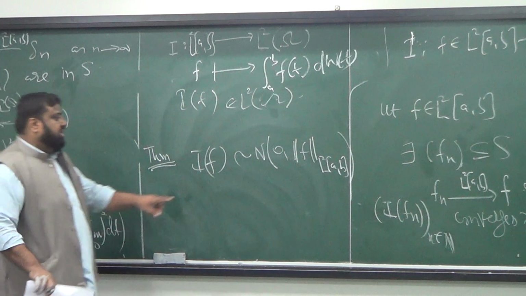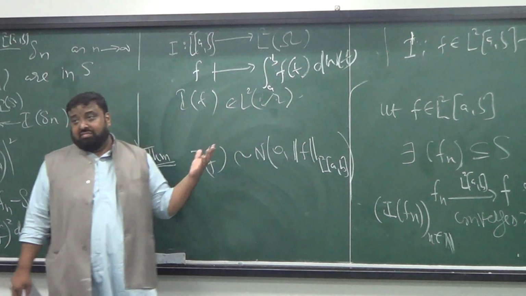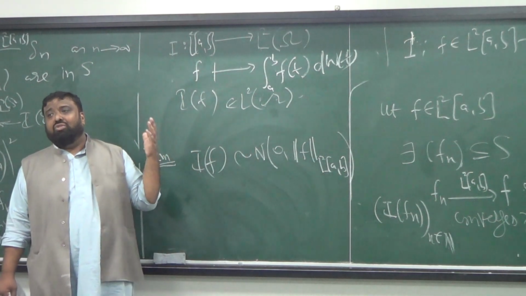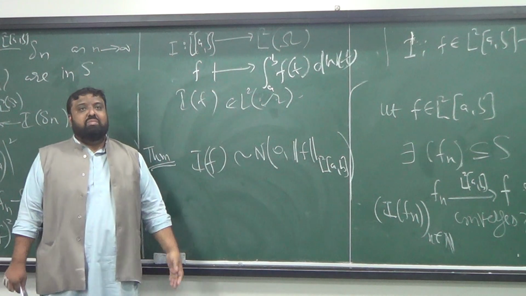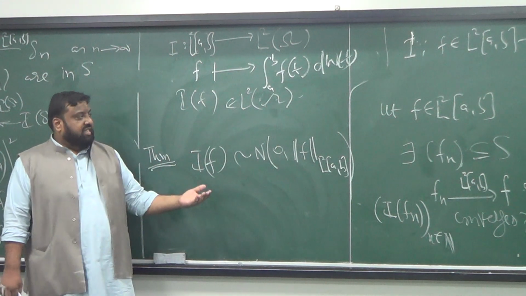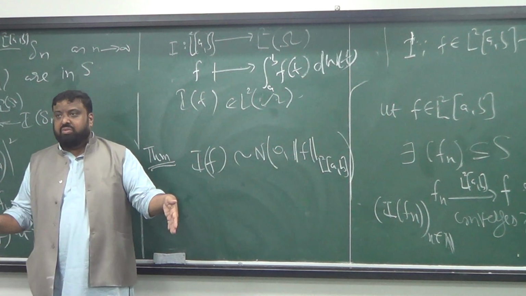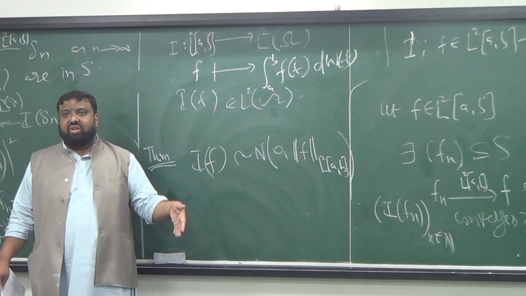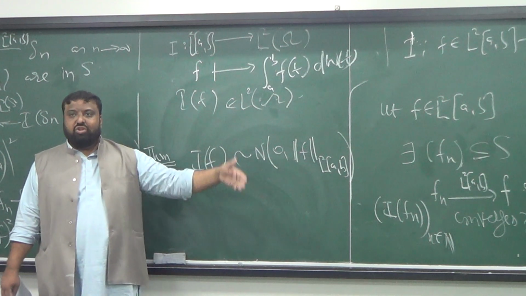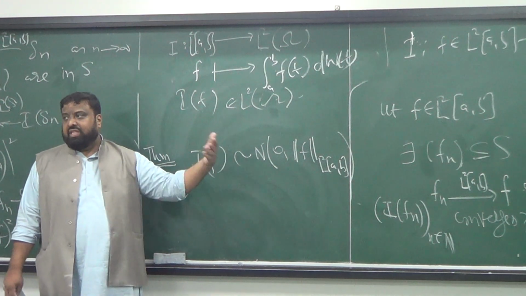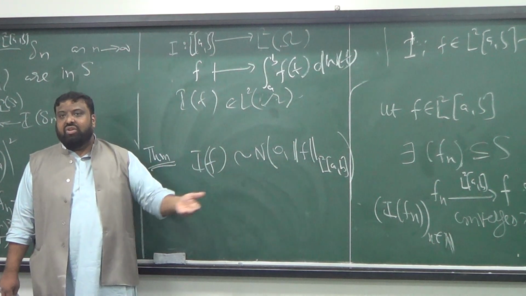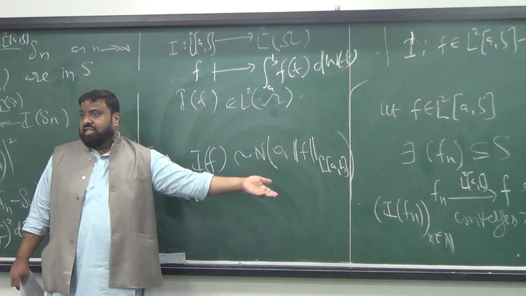This must be normally distributed. The trouble you can have is how do you know that it's normally distributed? Well, we know that I of Fn is the sum of the increments of the Brownian motion. So you have normally distributed random variables that you are adding, and then you take n to infinity.